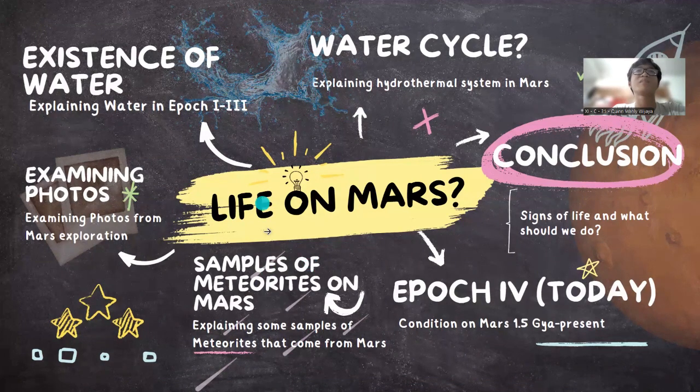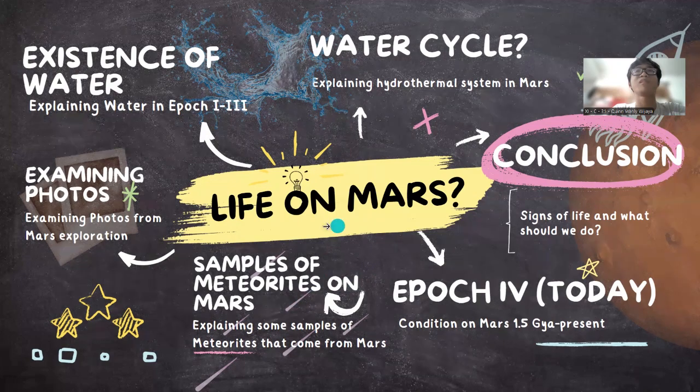There are actually 11 samples of meteorites that come from Mars and landed on Earth. In this case, there's a meteorite called MLH0081. The meteorite contains many oxidizing materials that are quite similar to rocks on Earth.